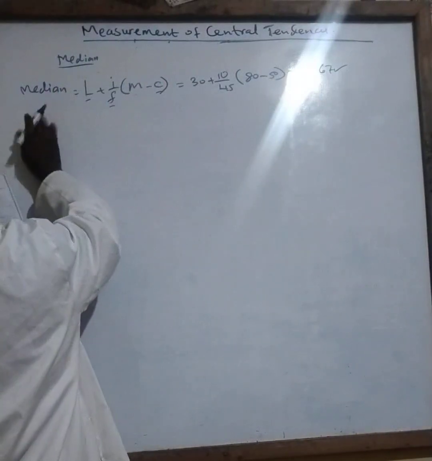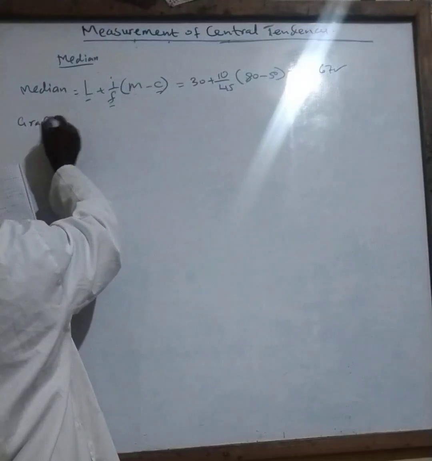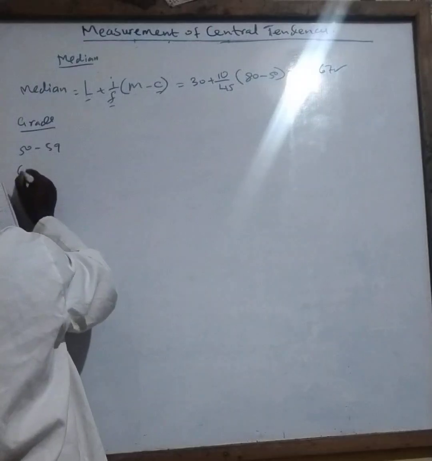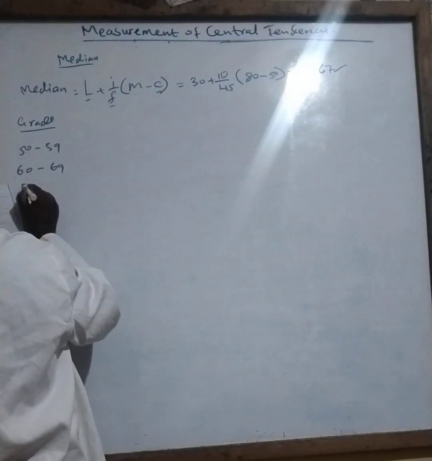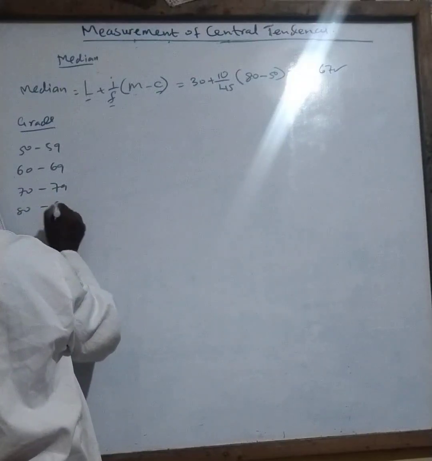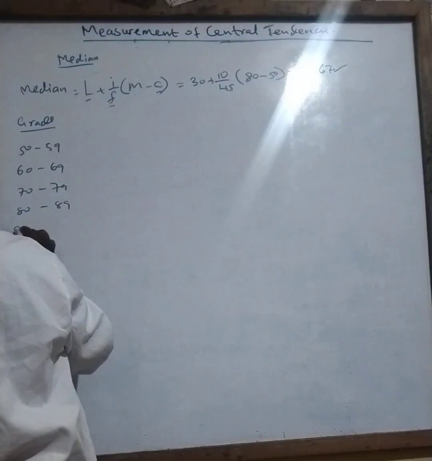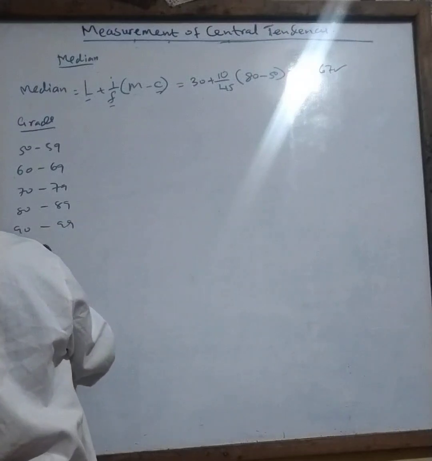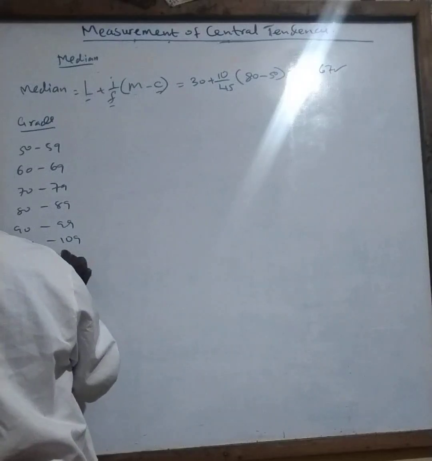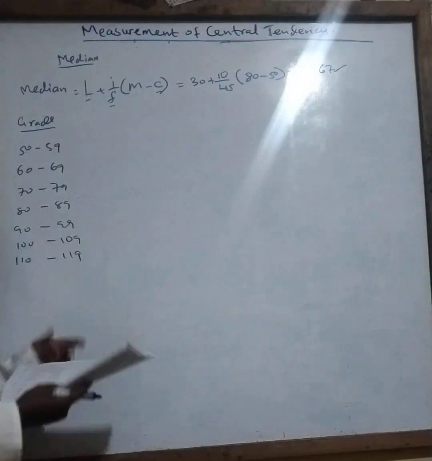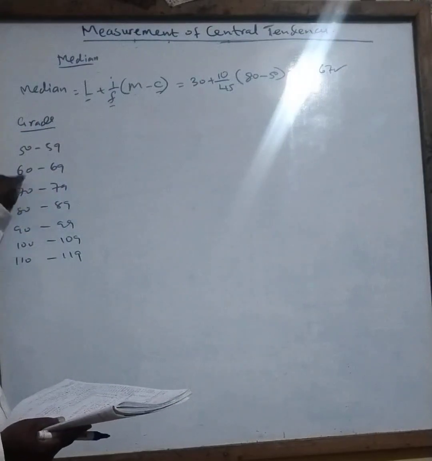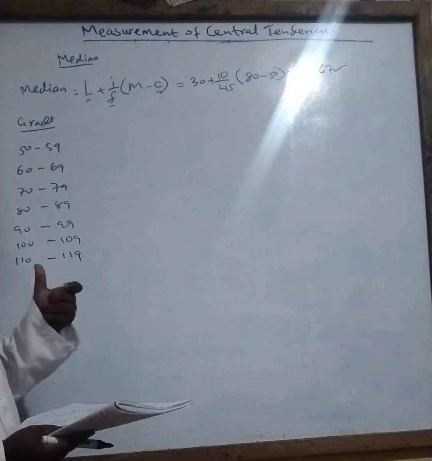We have the class, in this case the grades: 50 to 59, 60 to 69, 70 to 79, 80 to 89, 90 to 99, 100 to 109, then 110 to 119. Now when you look at this data, 59 minus 50 is 9. 69 minus 60 is 9. All is 9, so it is not the correct interval.